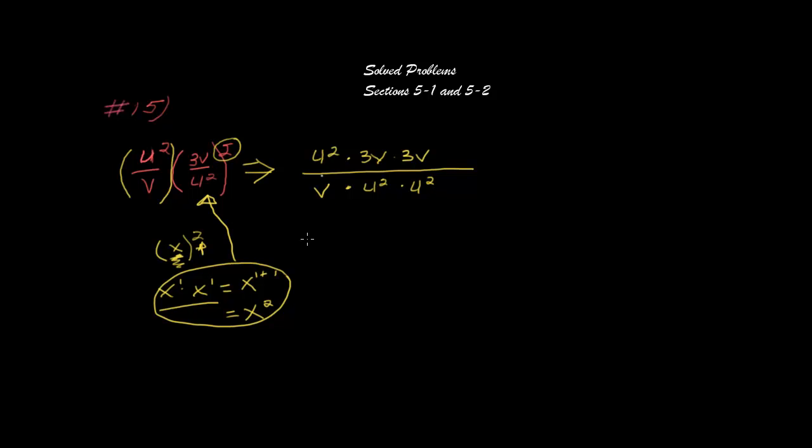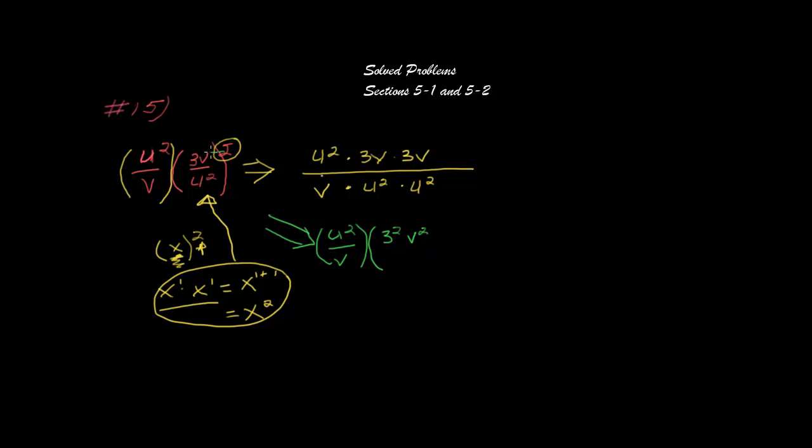Okay? Now, with the laws of exponents, there is another way to think about this, and they're going to come up with the same answer, and that's why I'm doing this. So we can now say, okay, u squared all over v, but I deal with the exponents first. So this is 3v, so this is 3 squared times v squared.